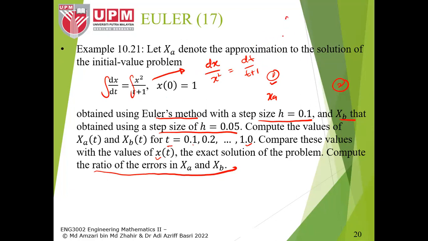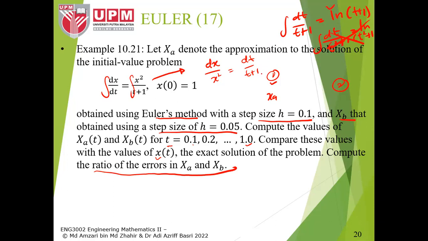If the integration is dt over t plus 1, you can get ln t plus 1, but you must make sure the t is to the power of 1. If your integration is dt divided by t square plus 1, you cannot put it as ln t square plus 1. So it's wrong. Most of you did that in your test. You must make sure that for 1 over t, the power of t is 1 only, then you can use ln.